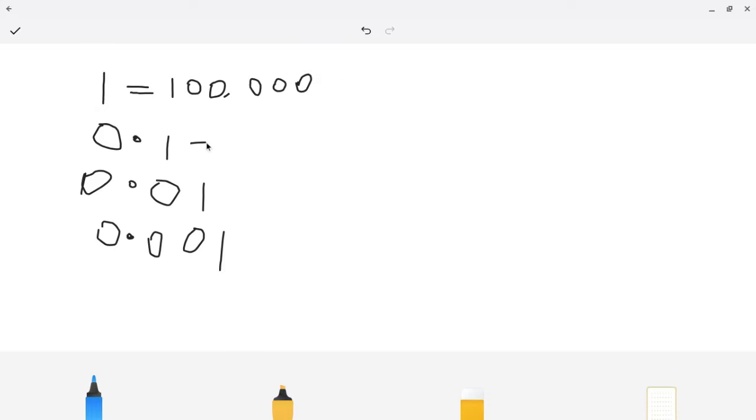Now 0.01 lot size means before you can trade 0.01 lot size, you have to have at least $10,000 balance in your account. Now this 0.001 lot size, you have to have at least $1,000 in your account before you can trade this lot size.